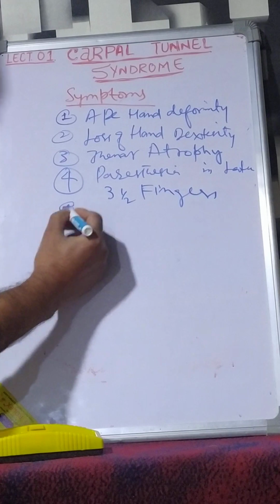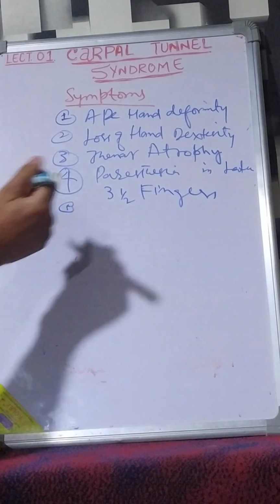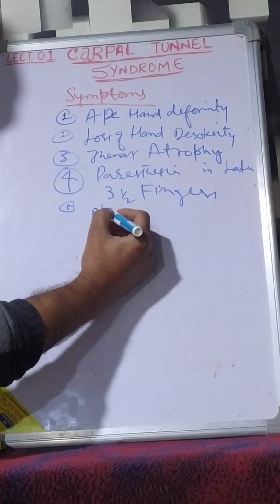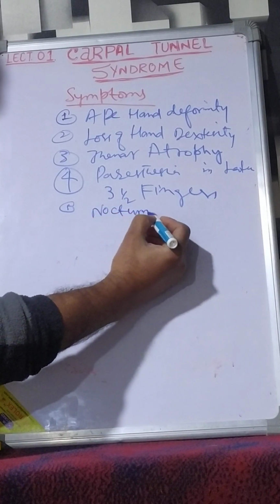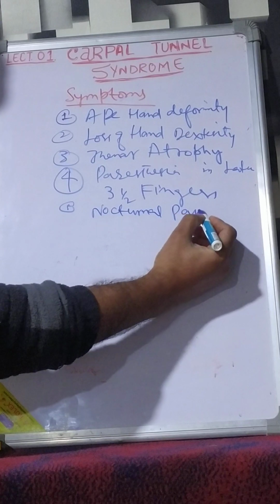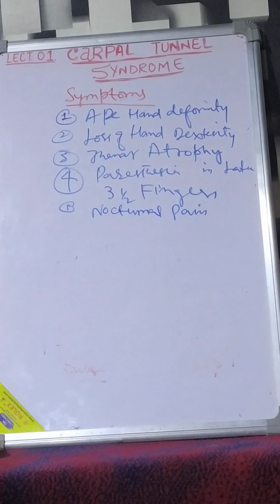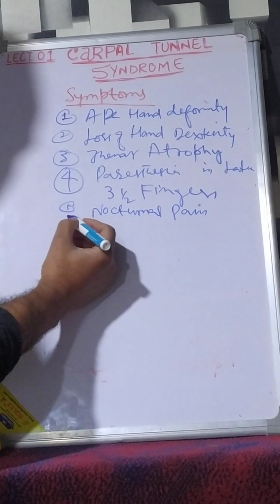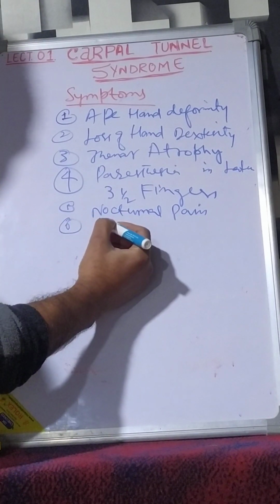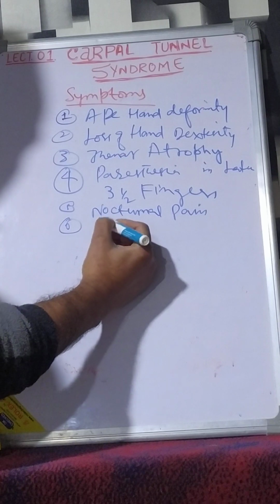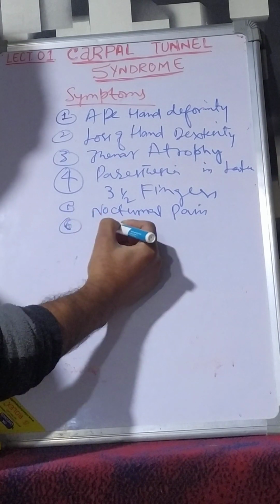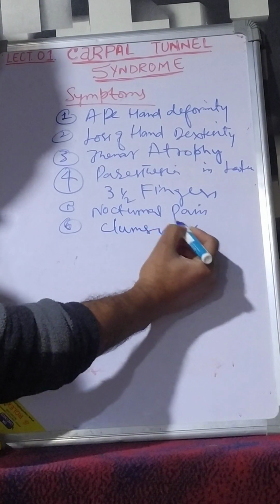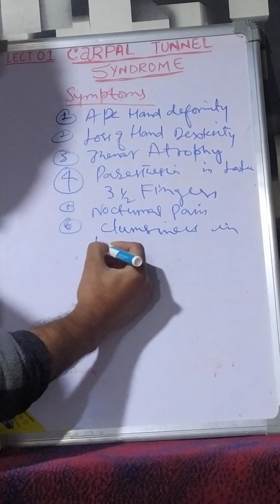Number 5, pain, nocturnal pain. Number 6, clumsiness in hand movements.